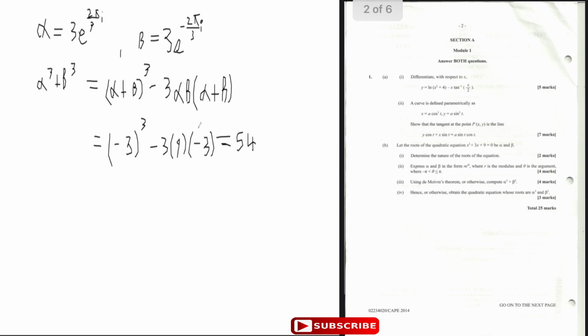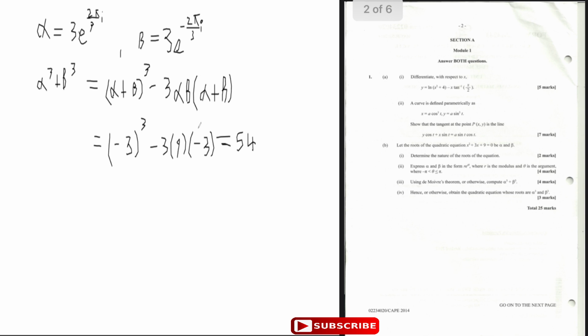Then finally, the last part of the question says, hence or otherwise, obtain a quadratic equation whose roots are alpha cube and beta cube.